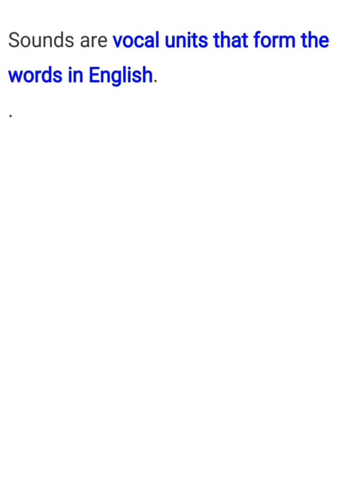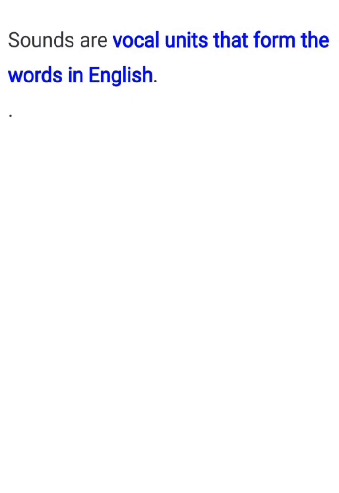Yes, the sounds have been combined in that sequence to form the word element. And that's how you combine other vocal units to form other words. The vocal units that we combine in various ways to form the different words in English, we call them sounds.